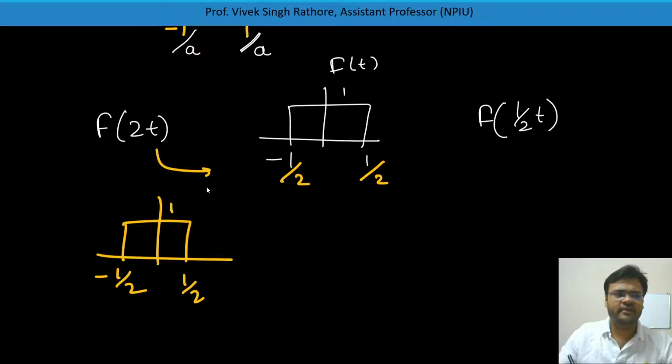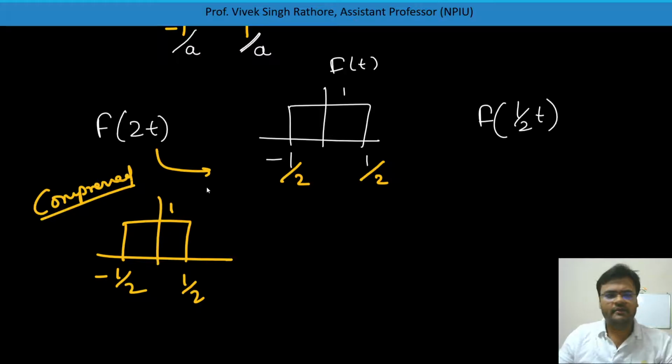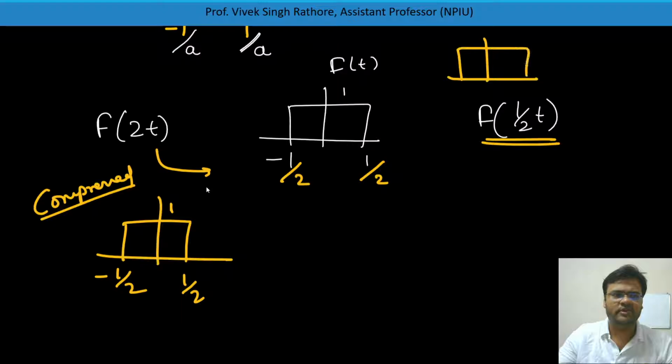So you can understand that our signal was -1 to 1 and now it is from minus half to half. Actually this signal has been compressed. Okay, and if you see this signal f(half t), I will plot here again the signal -1 to 1, and for half t I told you that whatever a will be there, you just need to divide.